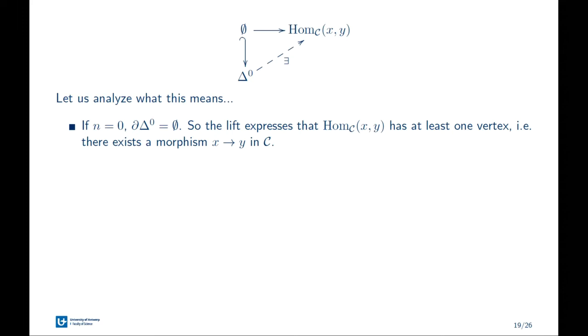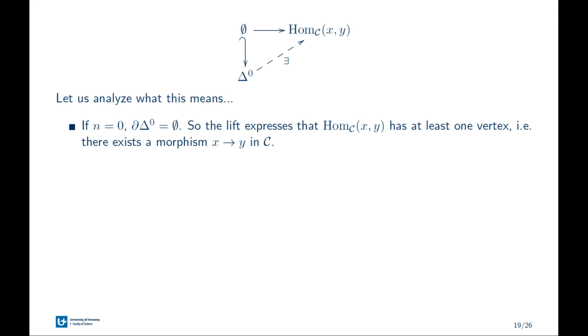So, for example, if n is equal to 0, then the boundary of delta 0 is just the empty simplicial set. On top here, it doesn't really add any information. However, this delta 0, we do still have, and as you recall, this is just a point. Delta 0 is just a point. And recall that a map from the standard simplex to some simplicial set is the same as picking out one specific simplex of that dimension.